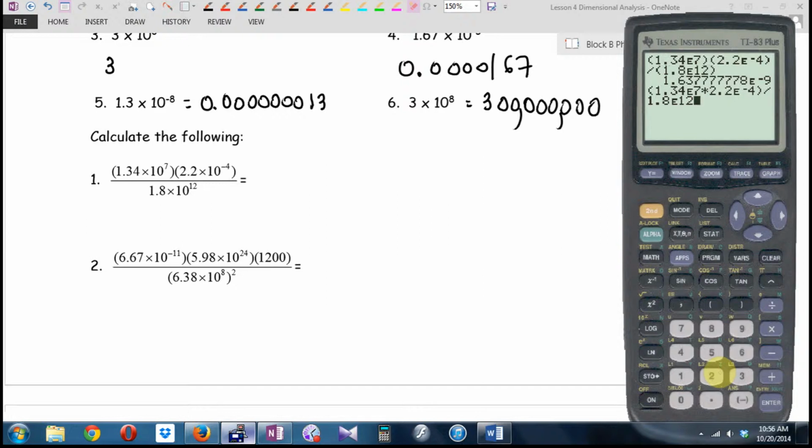Try typing this into your calculator. And if you type it correctly, you should get 1.6377. And if you type it incorrectly, you should get what I got. 1.63777, blah, blah, blah.